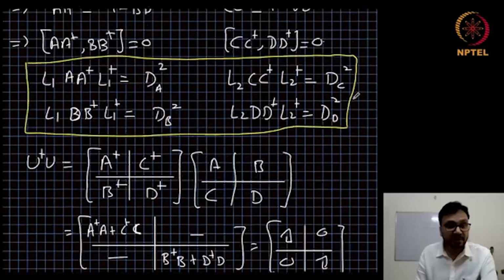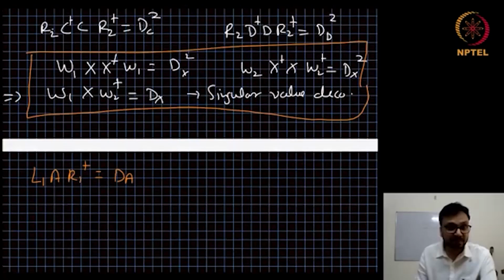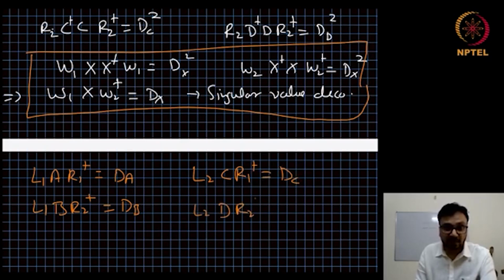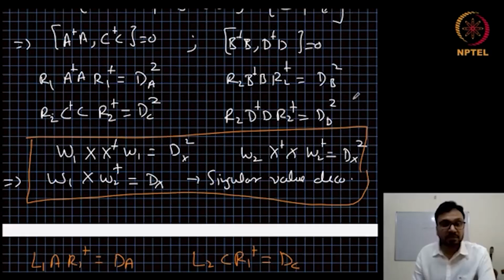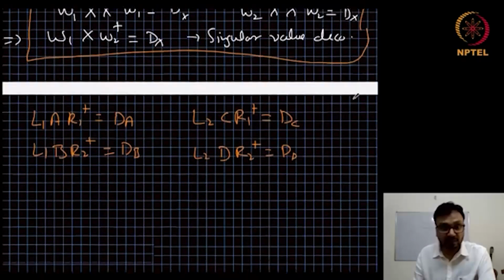Similarly, we have L1 diagonalizing B B dagger and R2 diagonalizing B dagger B. So L1 B R2 dagger equals dB. L2 C R1 dagger equals dC and L2 D R2 dagger equals dD.